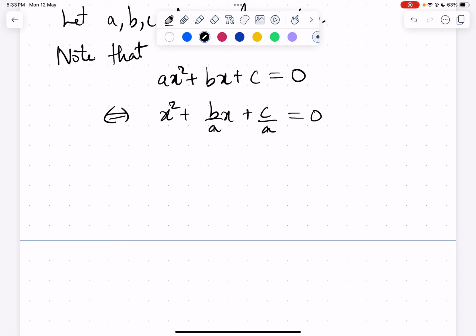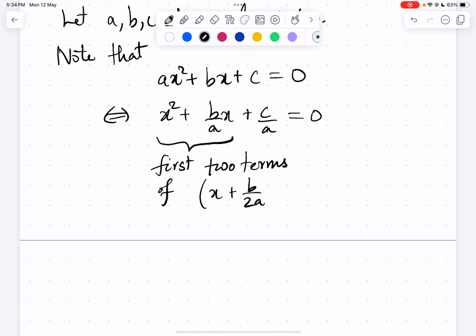Now there's one key observation we can make, which is x square plus b by a x. These are the first two terms of x plus b by 2a whole square. So this is the key observation.